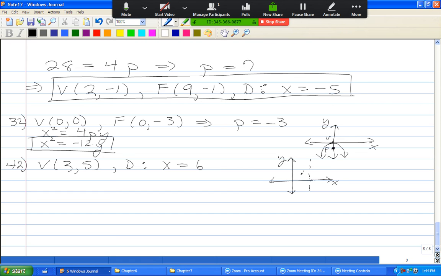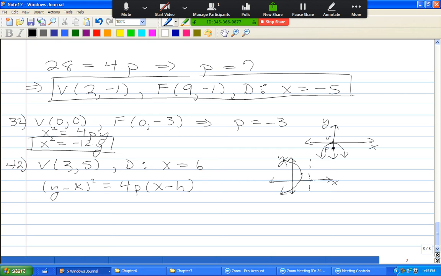So we're around here, and my parabola looks something like this. So this is going to be (y minus k) squared is equal to 4p(x minus h). That should be the form for the equation of my parabola.